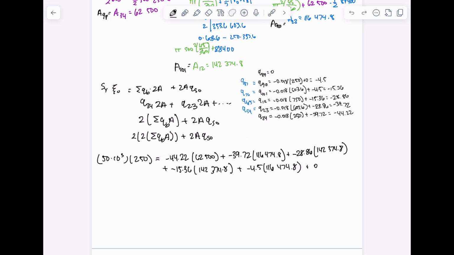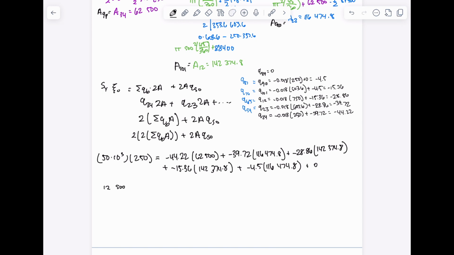And if we solve for this, this part will be 1.42 times 10 to the power 7. All we did here was solve for this part right here.